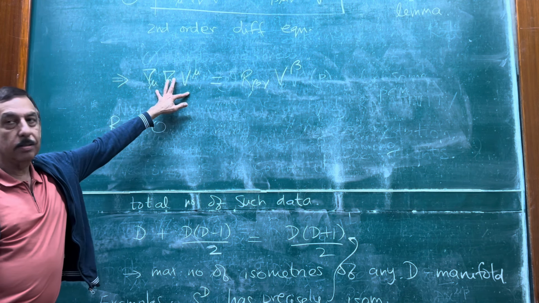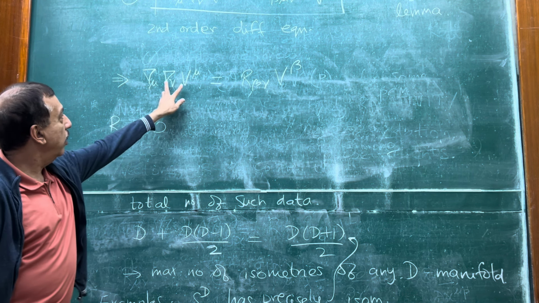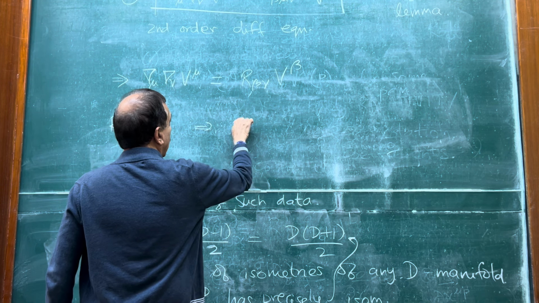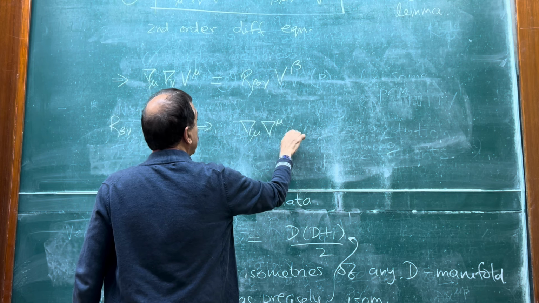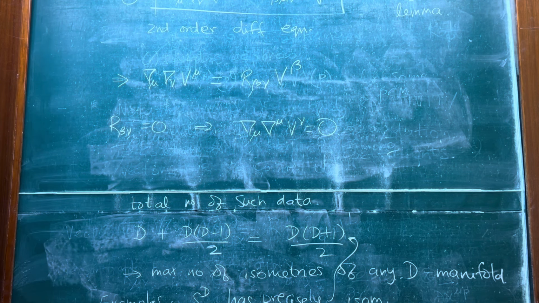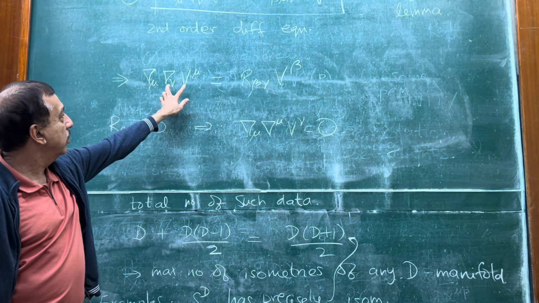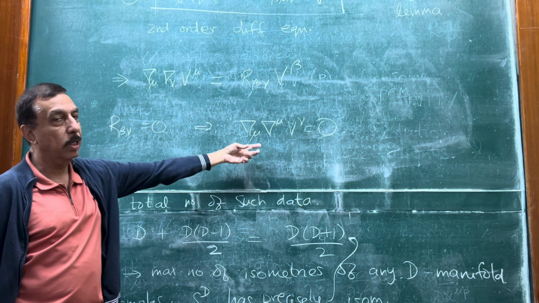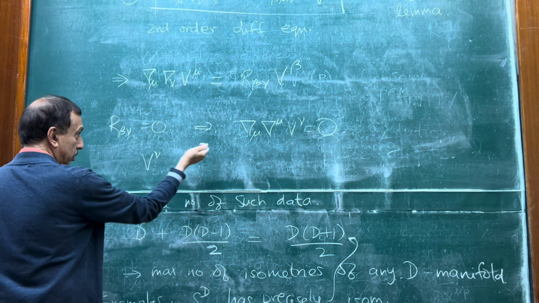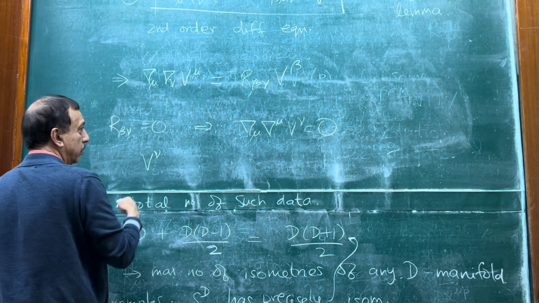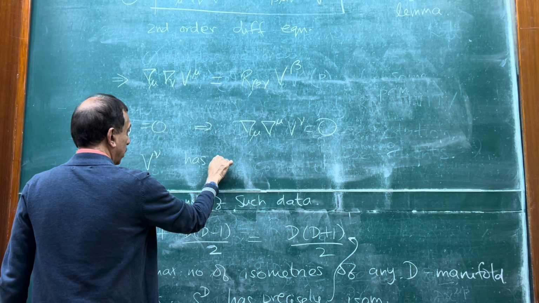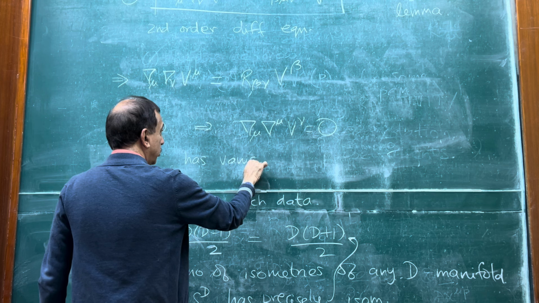So if that's so, then this is 0 for a Killing vector. But for a Killing vector, this thing is antisymmetric. So from this, I get that del mu V mu is 0. First I set this to 0, then I use the Killing vector equation to interchange these two, and I get this. Okay, so the 4-vector V, the Killing vector, the tangent vector along an isometry, has vanishing Laplacian, harmonic, whatever you want to call it.